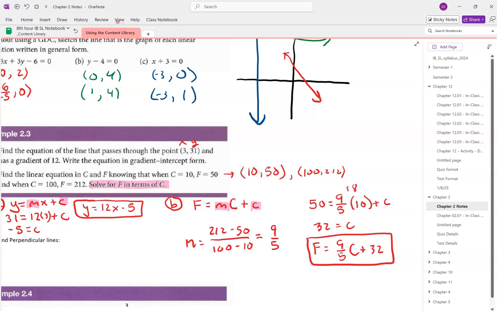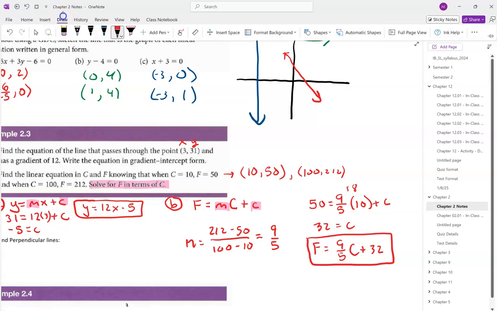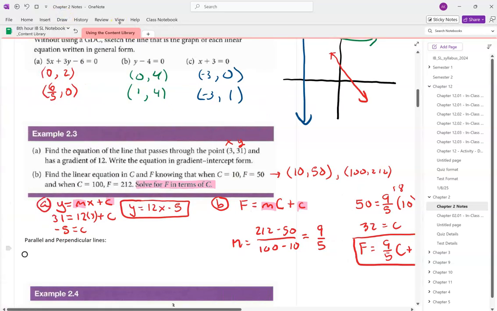So as soon as I saw that, I knew what I was getting. There's going to just be the conversion between Celsius to Fahrenheit or Fahrenheit to Celsius. And when I read the rest of it, it's like F equals, okay, so it's Celsius to Fahrenheit. All right. So that's that.